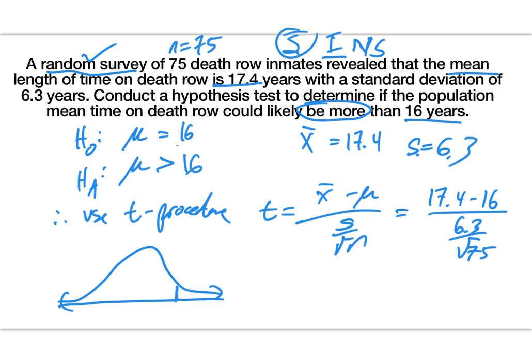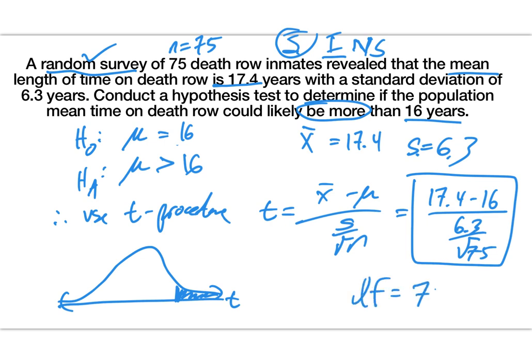Greater than means this is where I'm shading. And whatever the T value is from here, my degrees of freedom will be 74, which is n minus 1. I would use the applets page for the T distribution, put in 74 degrees of freedom, and then whatever this number is, to get my P value.